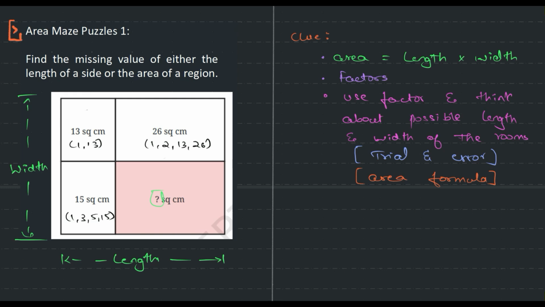Erased. Then what is the other possibility? Well, 13 we can take along the width and 1 we can take over here. This will be 13 into 2. There is a 1 over here and this can be 15. Can you check if this works out?